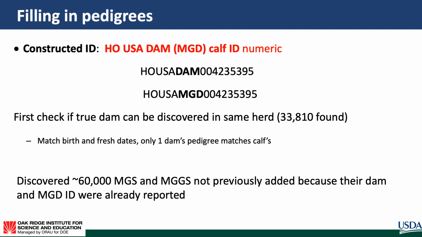So what is the constructed ID? It consists of four parts. First, a two-letter breed code, then a three-letter country code, so each country can construct their own IDs, then a three-letter code for the ancestor, in this case DAM for dam or MGD for maternal grand dam, and finally the numeric sequential calf ID, which is basically the animal key.